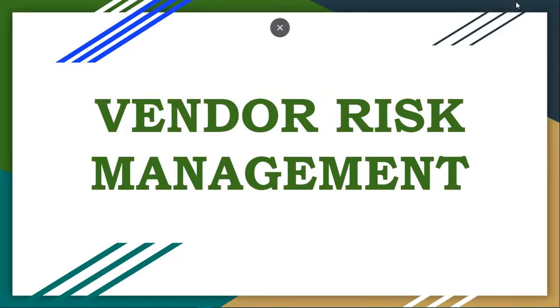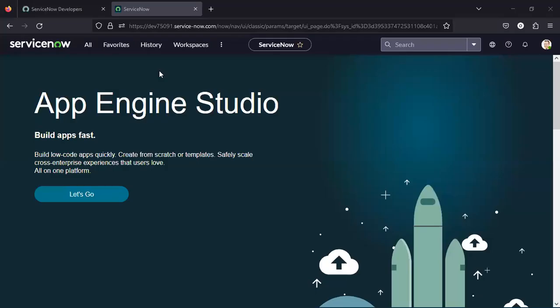All right, so let's just go. So this is the ServiceNow platform. I'm going to assume for this training that this is not your first time interacting with this platform. So quickly, let's look into vendor risk management using the ServiceNow platform.